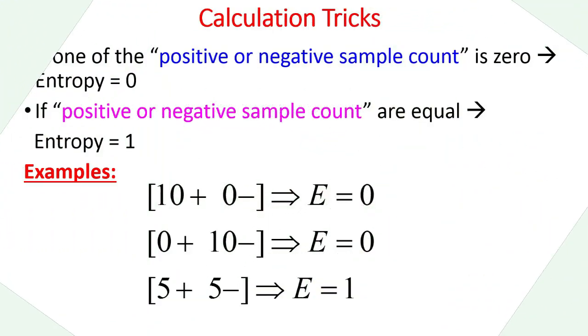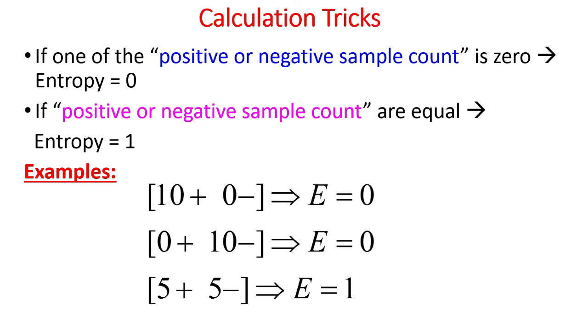The following calculation tricks are useful while building the decision tree. If one of the positive or negative sample counts is 0, then entropy is equal to 0. If the positive and negative sample counts are equal, then entropy is equal to 1.